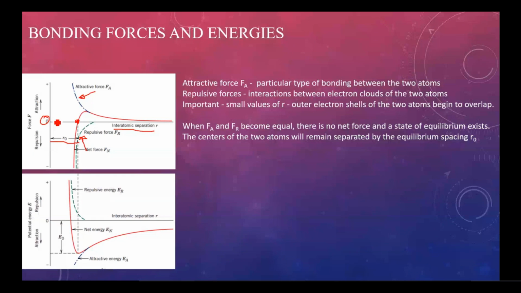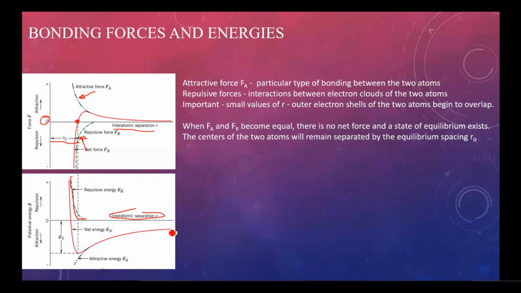Now, moving on towards the energy curve. The energy curve is a little different to understand. It says that as you are bringing the atoms together, the interatomic distance is decreasing, and your repulsive energy starts to increase.